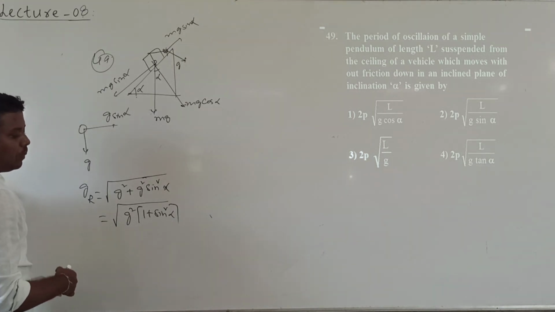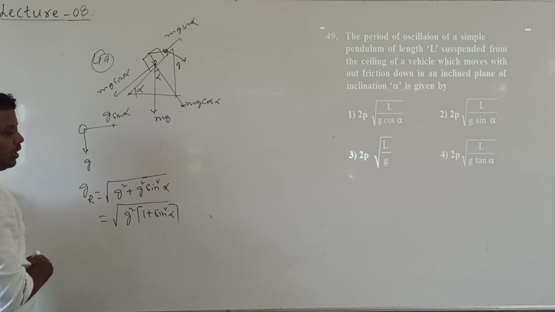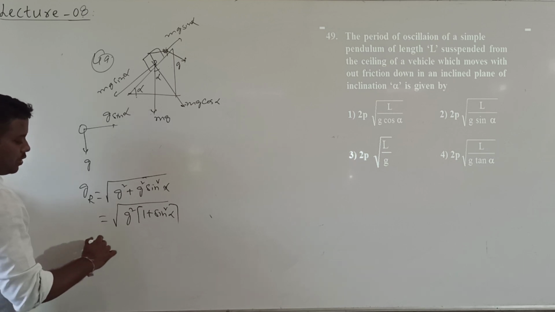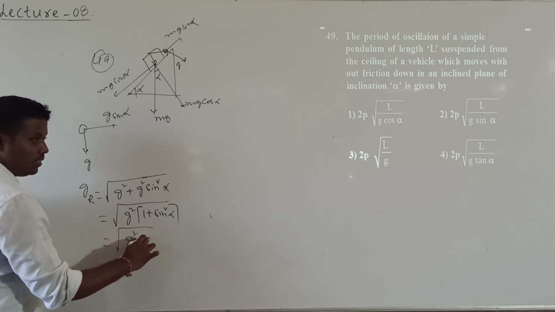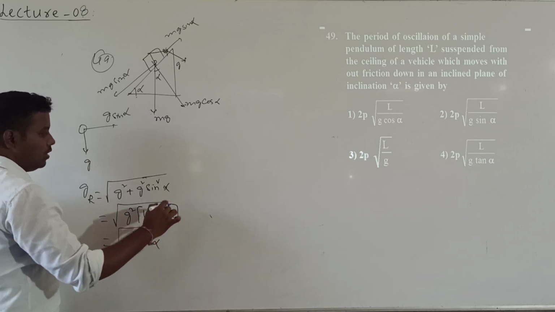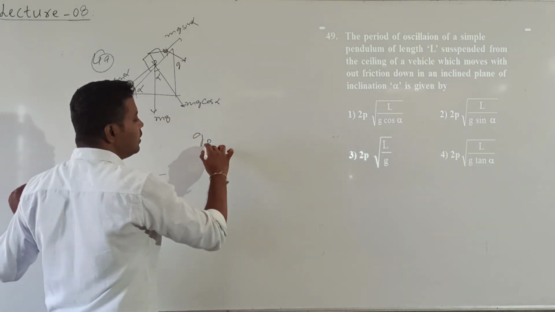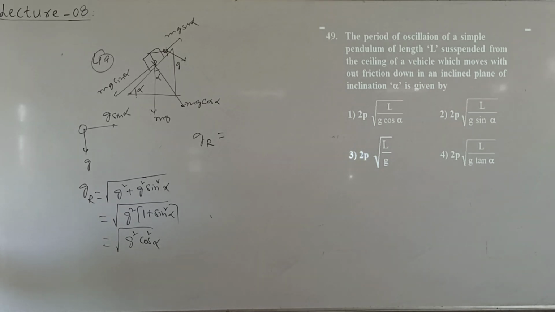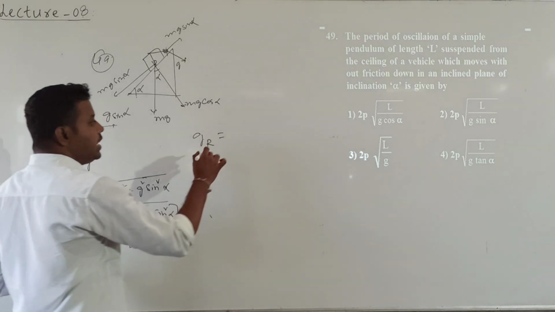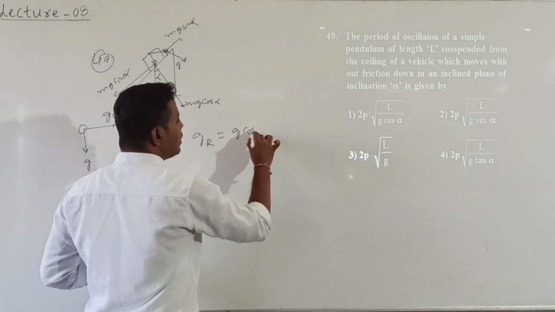Sin square alpha plus cos square alpha is equal to 1. Correct? So g resultant is root over g square into cos square alpha. So g resultant is equal to g into cos alpha.